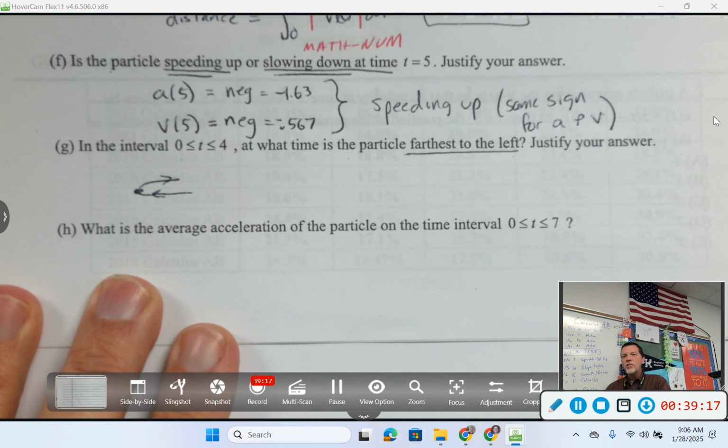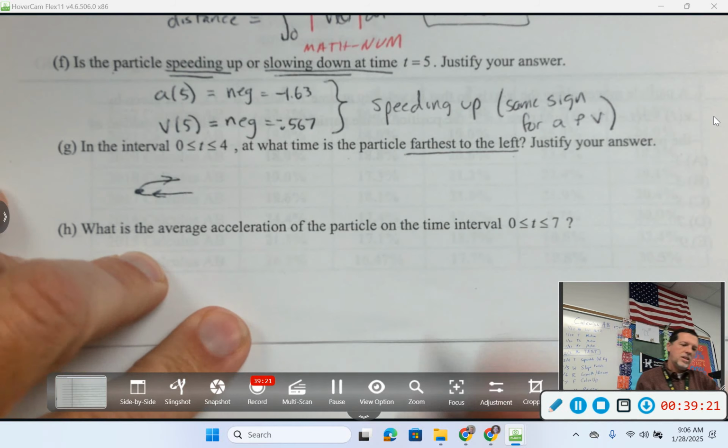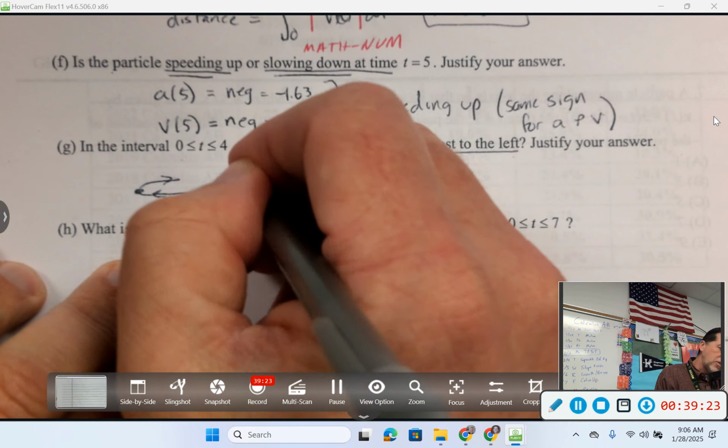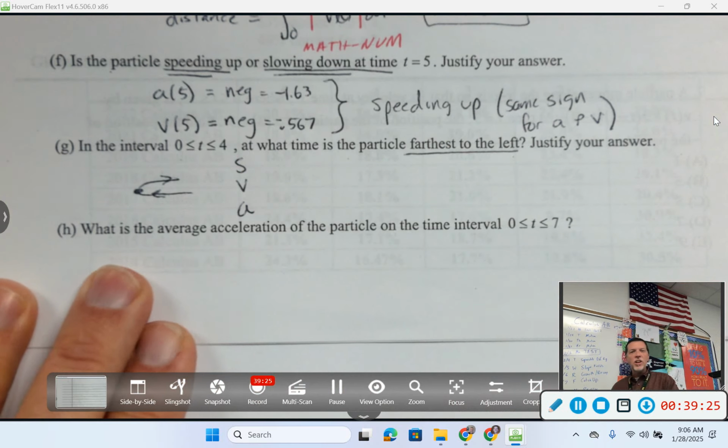So what's changing when we change direction? Here's your options, S, V, or A. If you change direction, which one of those is changing? The sign is changing of one of those.